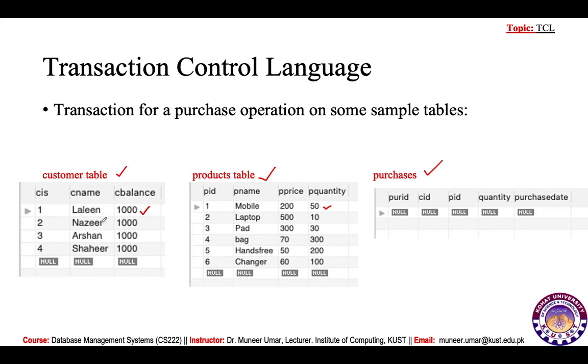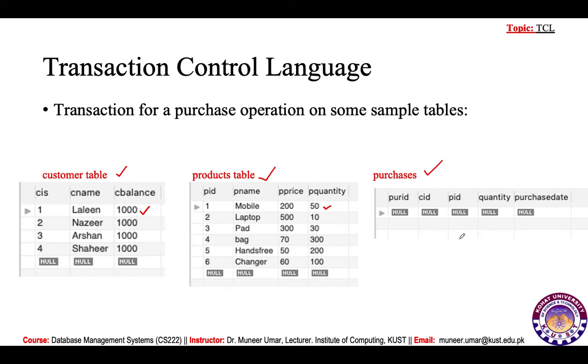For example, Nazir buys a mobile, so his balance will be reduced by 200 for a single mobile, and the quantity of mobile will also be reduced by 1. It will become 49, and here we will have a new entry for Nazir, the product and the quantity, and also the purchase date.